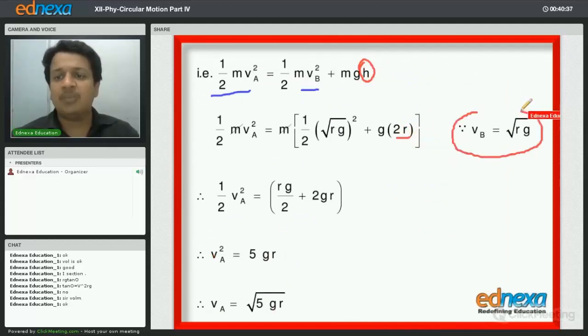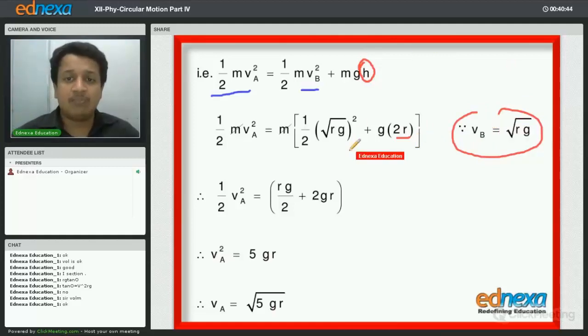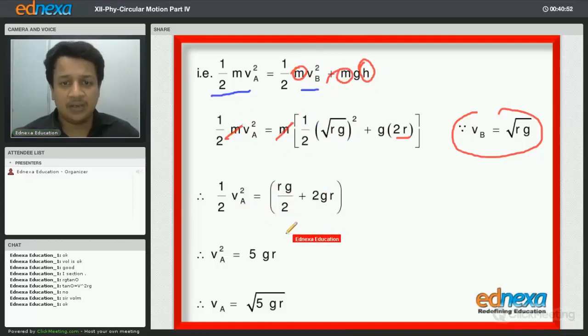And what is the value of VB at topmost point? At topmost point we discussed the value is root rg. So root rg bracket square. From this m we can take outside and it will get cancelled. So half VA square is equal to root rg square, that is rg upon 2, plus 2gr.